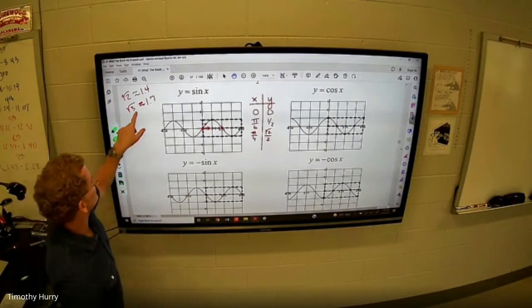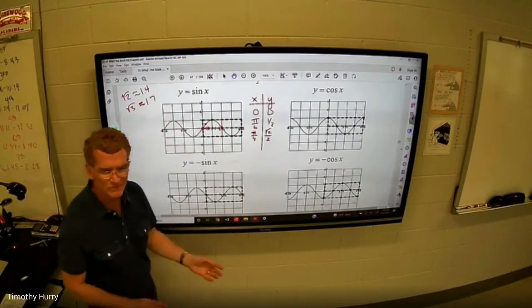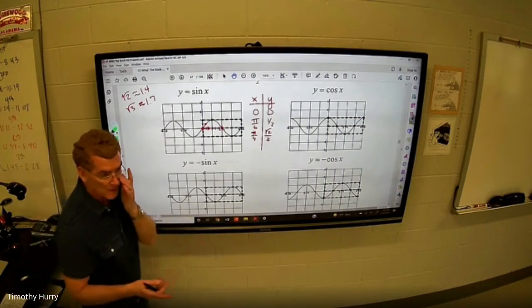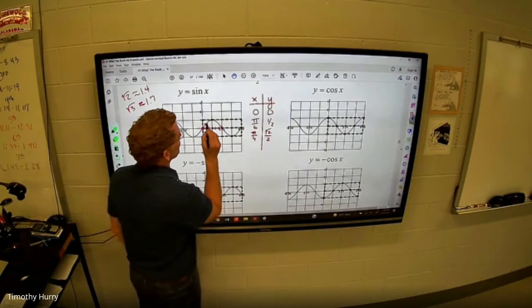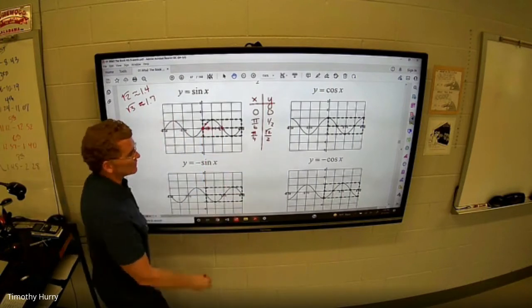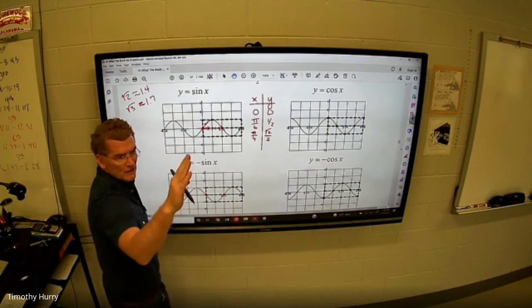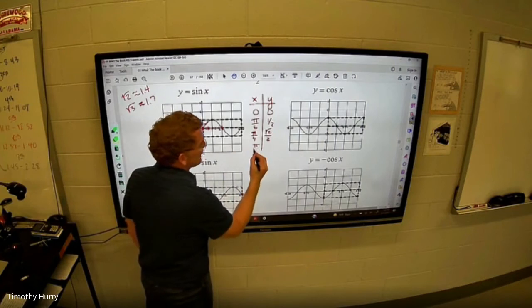So right here, what is 1.4 divided by 2? Over 2 is about what? 0.7. So at pi over 4, I'm going to go up about 0.7. It's kind of hard to tell what that even is. But anyway, so then I move on from what? From pi over 6 to pi over 4 to pi over 3. What's the sine at pi over 3?